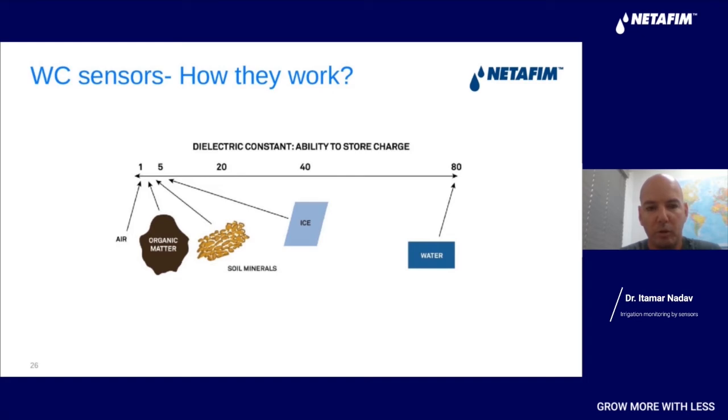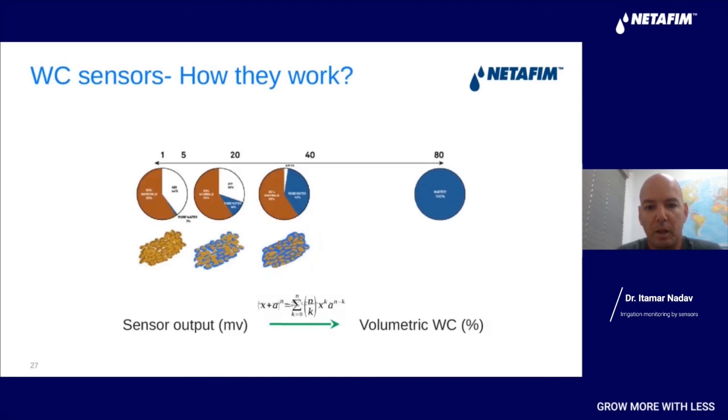So how do those sensors actually work? They are working on the principle of the dielectric constant, and air and soil are not able to store any charge, but water does. And for that, if we place a sensor in a dry soil, it won't show any response.